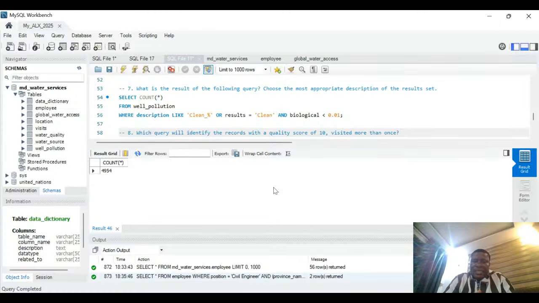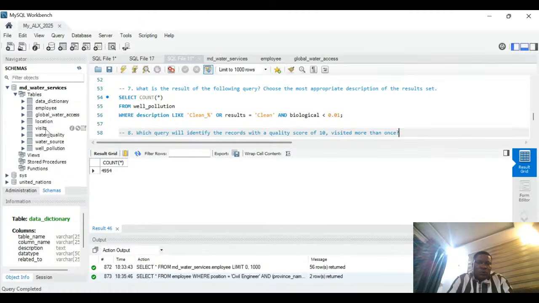So question number 8 says: which query will identify the records with a quality score of 10 visited more than once? All we are asked is to write a query that will go into the water quality table and return a score that is 10 and visited more than once.